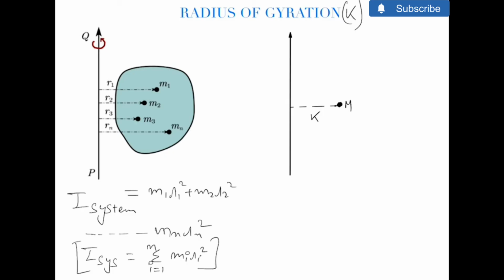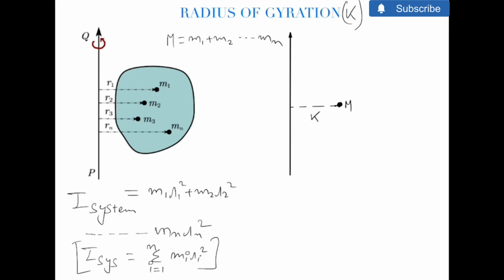Now, if we assume that there is a point which is at a distance of k from the same axis, and if we assume the complete mass of the system to be concentrated at this point, so first of all the mass of the system would be m1 plus m2 up to mn.